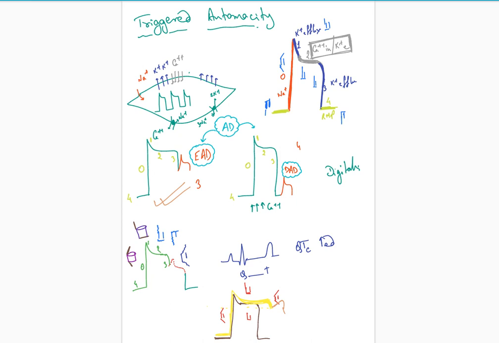Yes sir. Okay. So that means if I can open the potassium channel faster and let potassium go out faster, can I correct this situation? Yes. That means if I have any drug which can open the potassium ion channel, can I correct this situation?